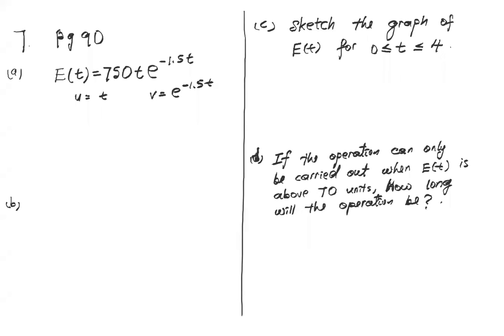Okay, so when we talk about the product rule, your u prime will be 1, your v prime, remember, still remember? Okay, copy down the whole thing.